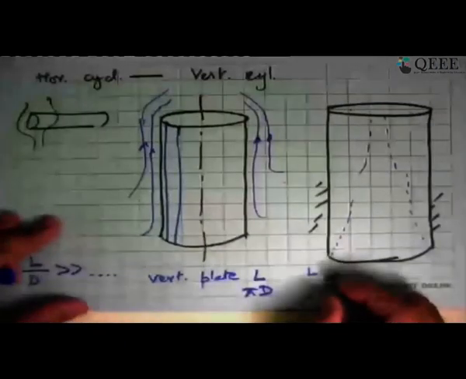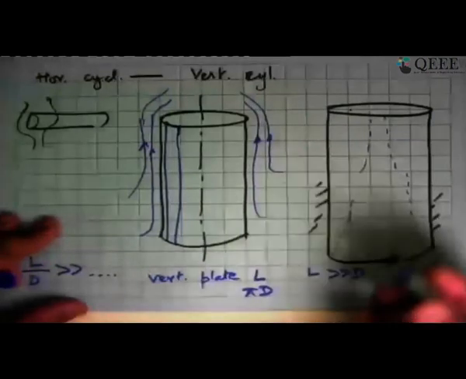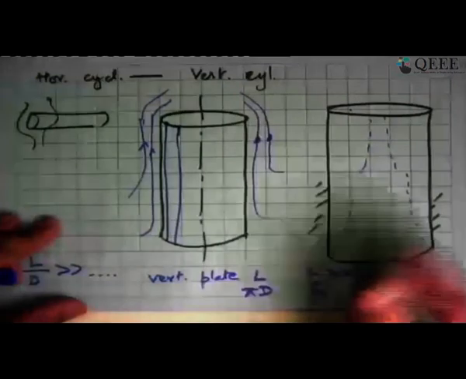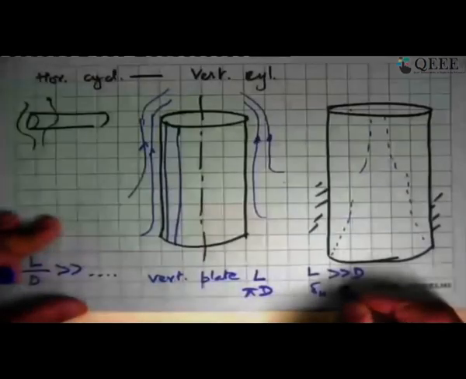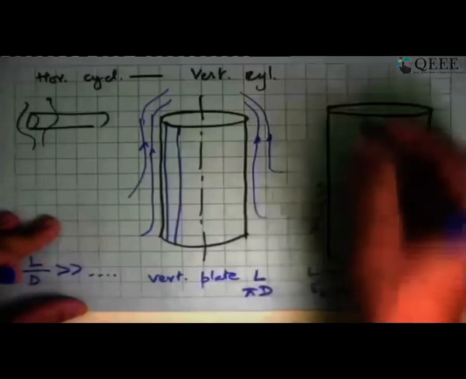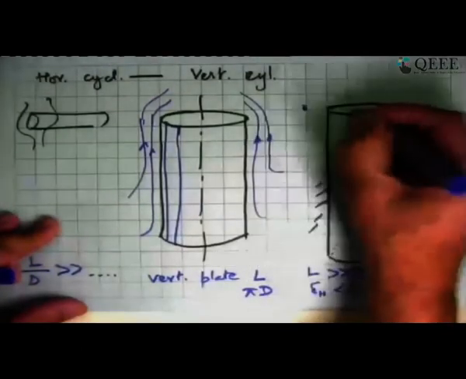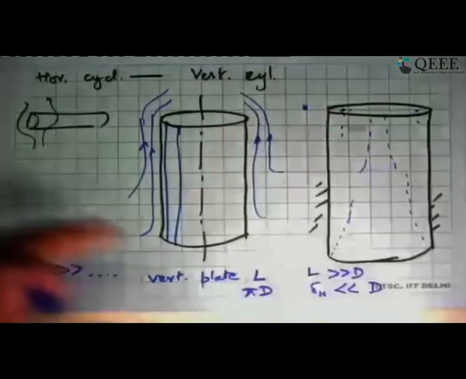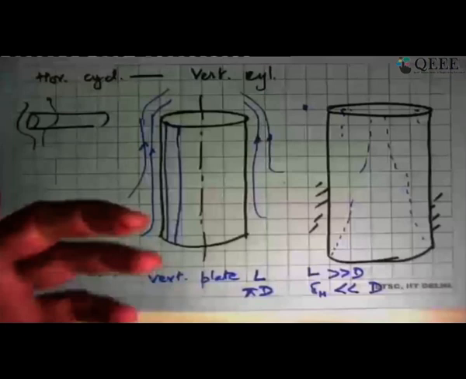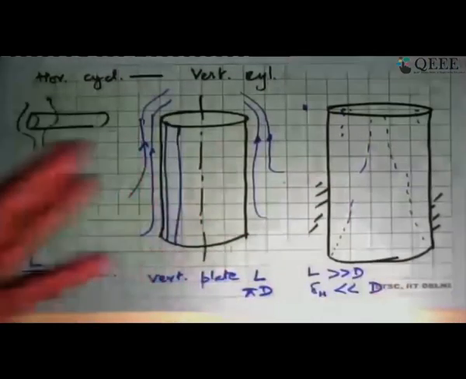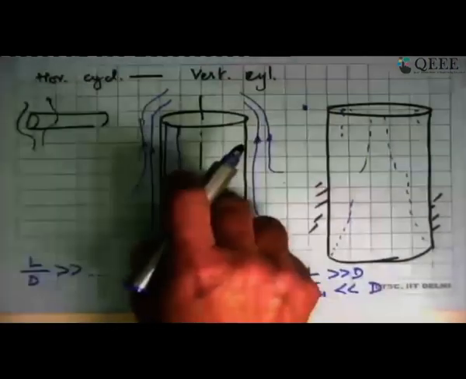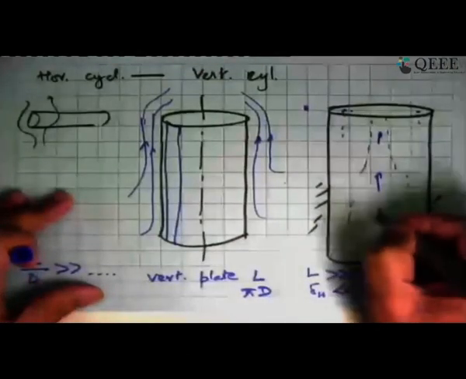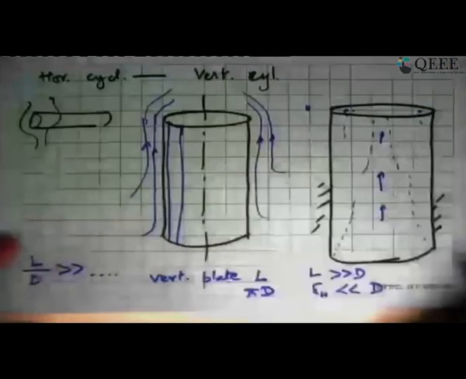But if L is very much greater than D, or in this case, if the thickness of the boundary layer, say the hydrodynamic or the thermal boundary layer, doesn't matter, is very much less than the diameter at the top. At this point, the boundary layer is this thin, this boundary layer is that thin. Then we can say that as a first approximation, I am justified in opening it up and treating it as this problem. We will of course be ignoring the fact that the central velocity keeps on picking up because of continuity being forced on.